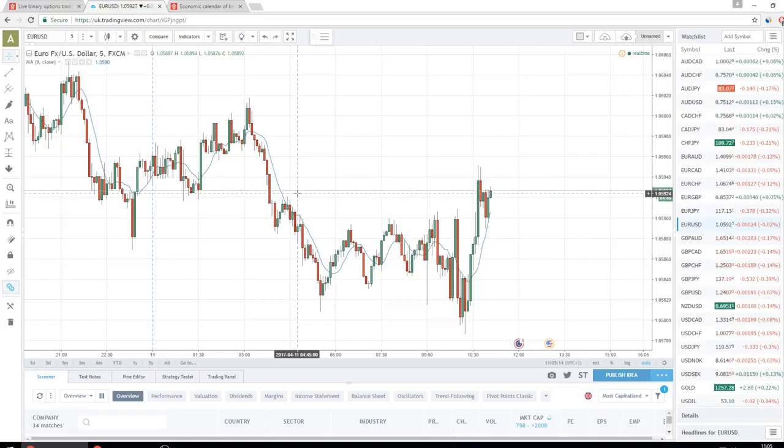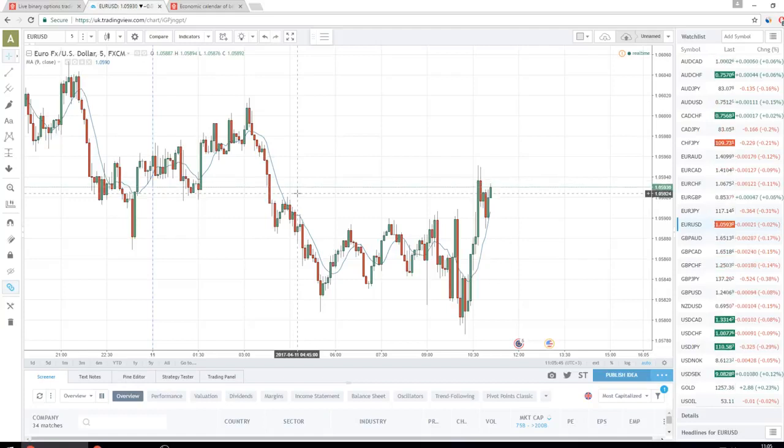And moving average, as I told you, is part of many other indicators. Let's say one of the most popular, MACD, also includes moving average in its calculations.